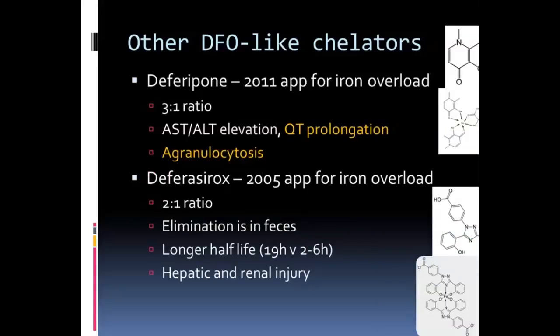These are interesting because they bind in a 3-to-1 or a 2-to-1 ratio, and there are pictures of it on the right side of the screen. So you require 2 or 3 chelators in order to bind an iron, which is pretty interesting. They do have specific toxicities: deferiprone, rarely agranulocytosis, and QT prolongation.